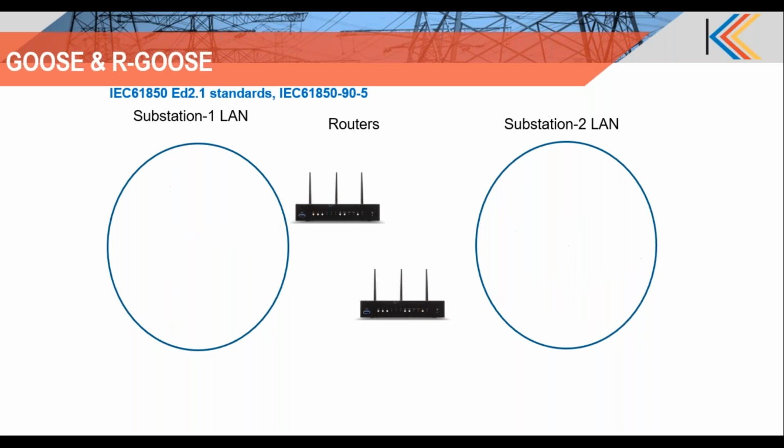But as and when we have multiple substations that are taking part in synchronized control algorithms, we have to have some information that is being exchanged in a real-time manner between substations.